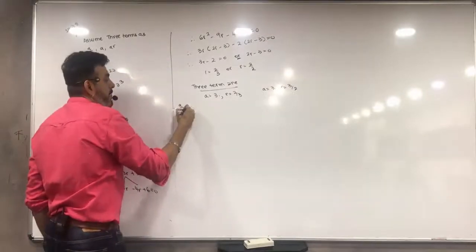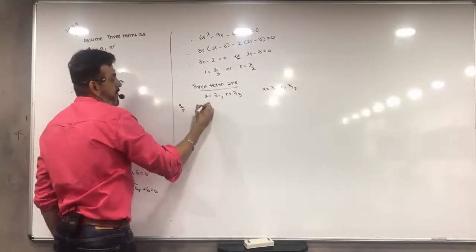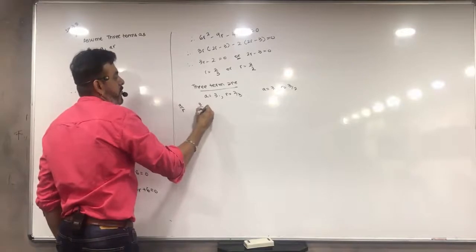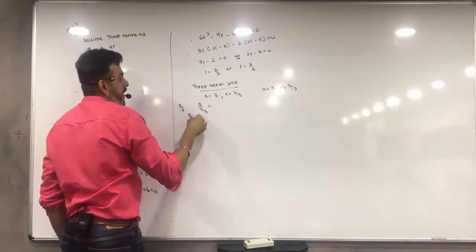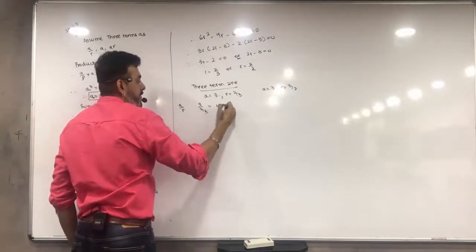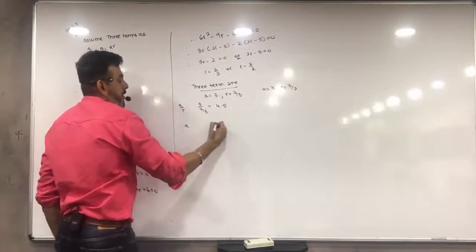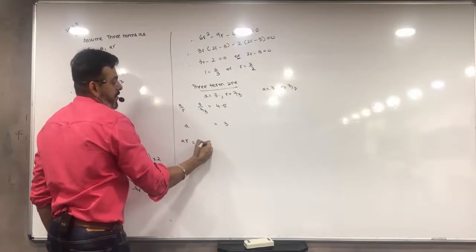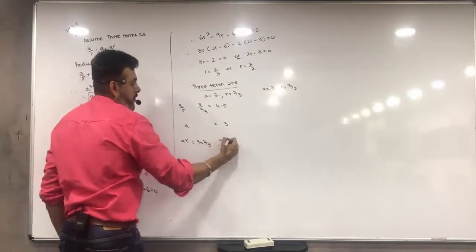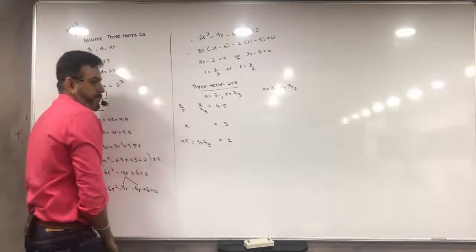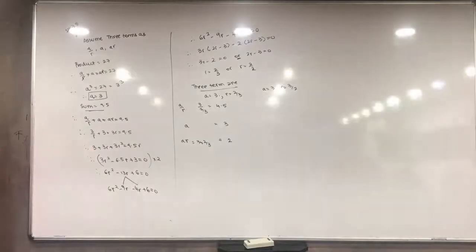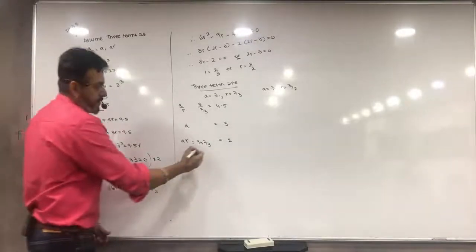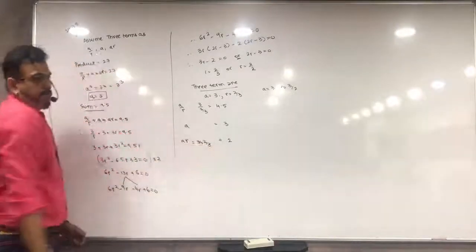First term is a by r, so which is equal to 3 upon 2 by 3. 3 3s are 9 divided by 2 is 4.5. A is equal to 3 and a into r, which is 3 into 2 by 3, which is equal to 2. 3 3 cancel. 2.